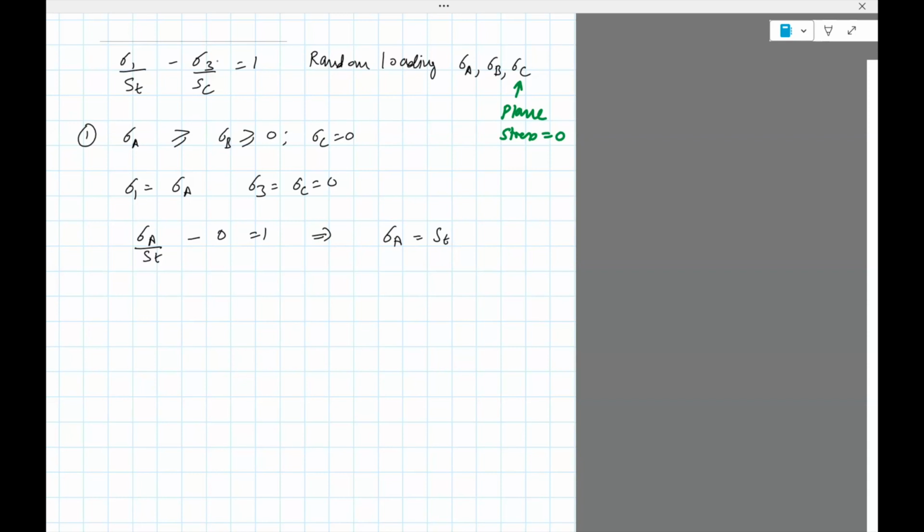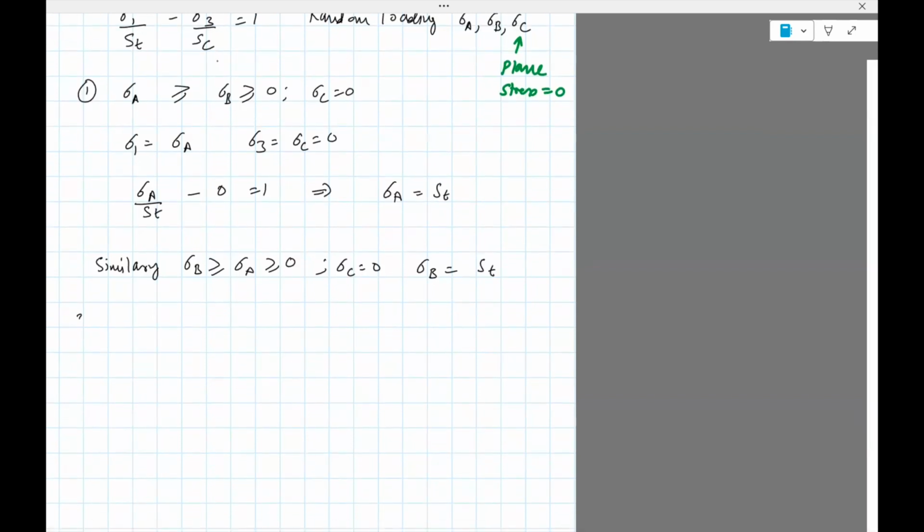You could also do the same thing similarly. If sigma B is greater than sigma A is greater than 0, sigma C would be 0, and you can get a similar condition that sigma B should be ST. Next, look at this condition where you have sigma A greater than 0 greater than sigma B, which means, well, sigma C is 0, which means sigma B is negative, right?